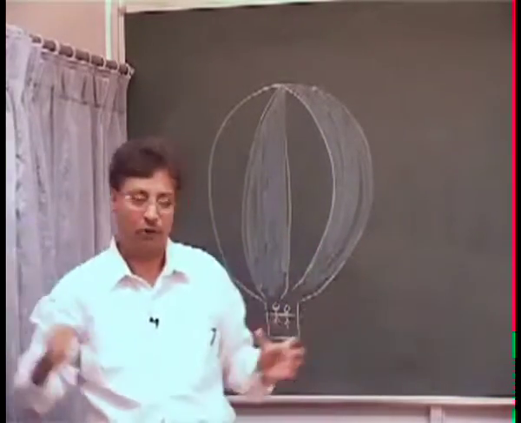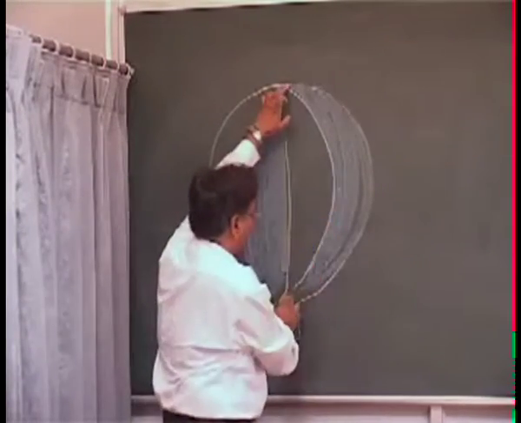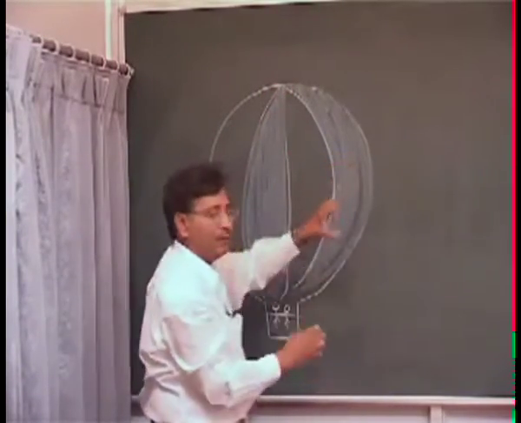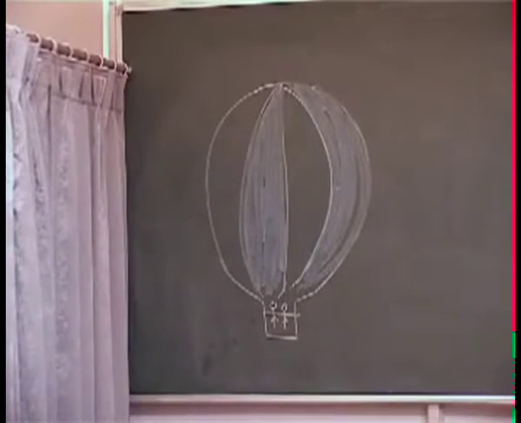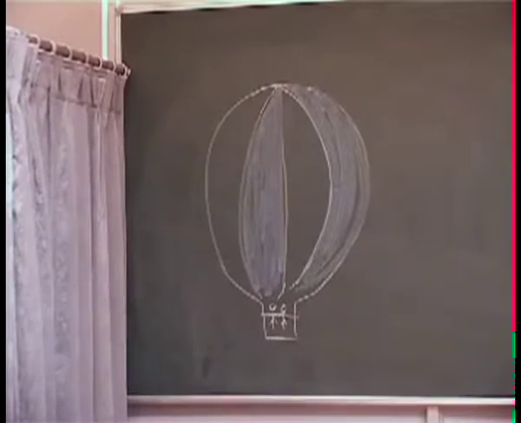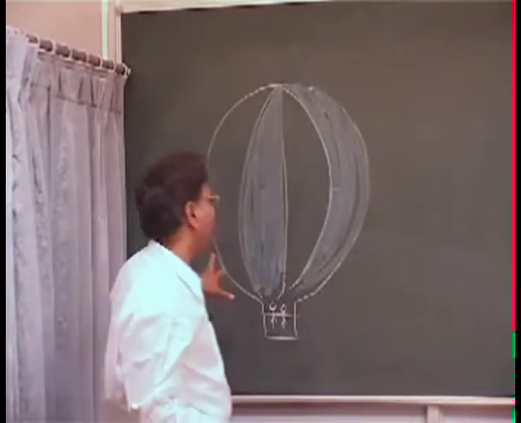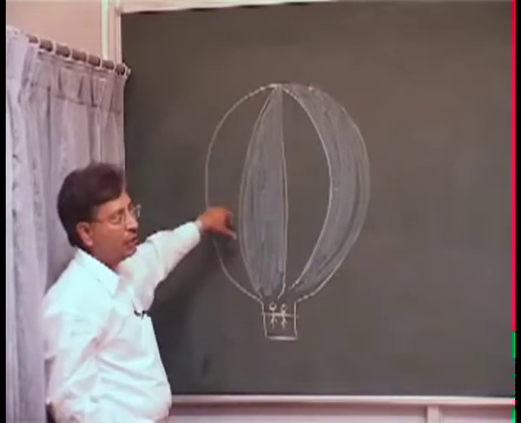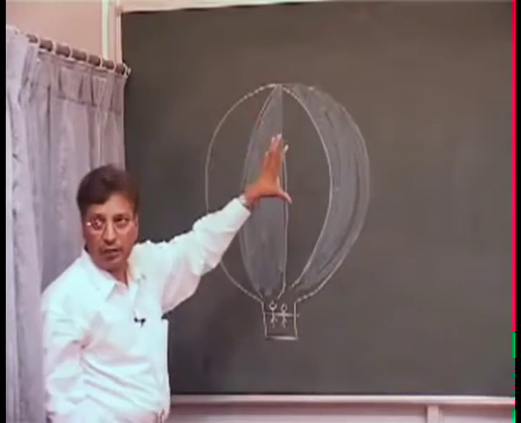The strings are fixed, but the balloon portion bulges out as it goes up. Maybe you don't notice it because it is going high up in the air, but the very same phenomenon is happening. You are moving continuously up, we have the same parcel, same mass, and the volume is going up.